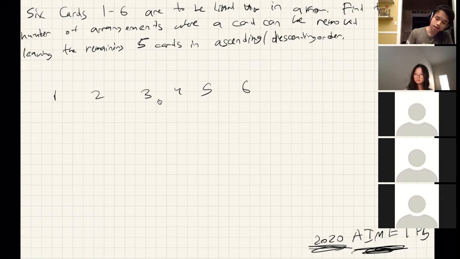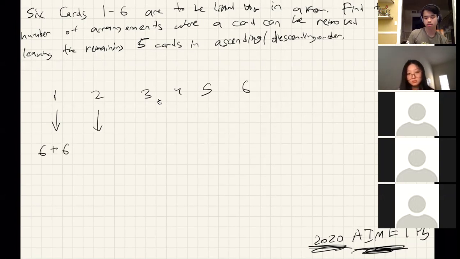Say for 1, if you want to remove 1 and then the remaining 5 cards are in ascending or descending order, there's going to be 6 ways to choose the place of 1, after which everything is fixed. If it's going ascending, descending is the same thing. It's 6 again. So 6 plus 6.